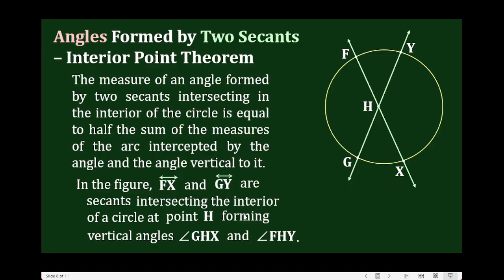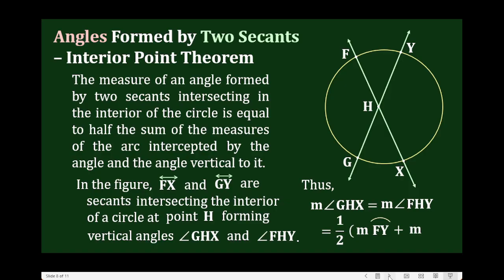Now, to get the measure of each of these 2 angles, we have this formula. The measure of GHX equals the measure of FHY is equal to 1/2 the measure of arc FY plus the measure of arc GX.